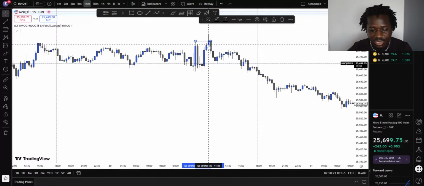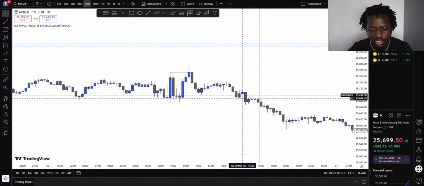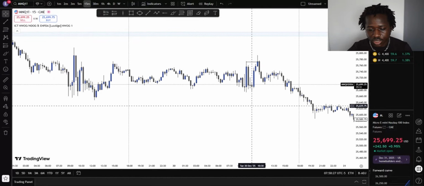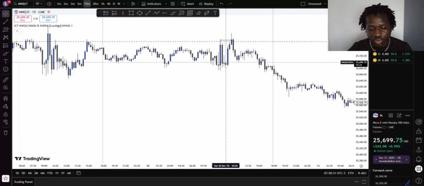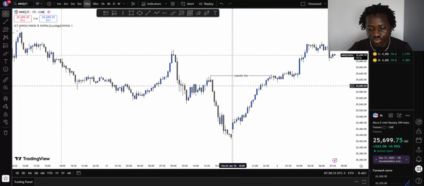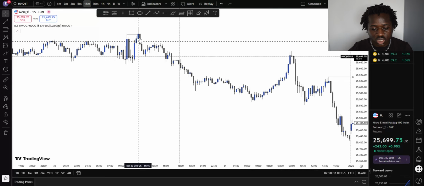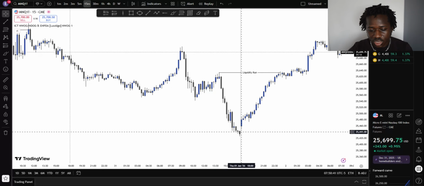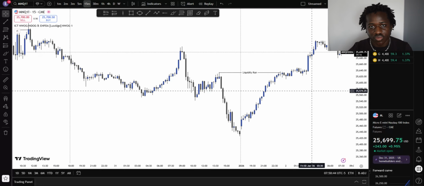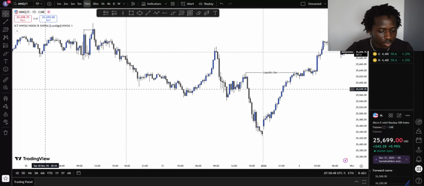You see that this candle right here, this blue candle, it rejects this high and pushes price lower. This is a liquidity sweep. So you see liquidity sweep, and what do we have here? Liquidity run, right? So these are the differences. Price moves into this level, pushes down, price moves into this level, this high, and continues moving higher. So those are the differences between them.